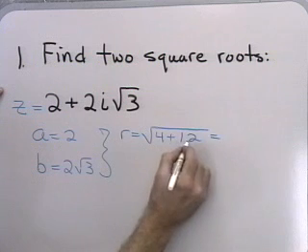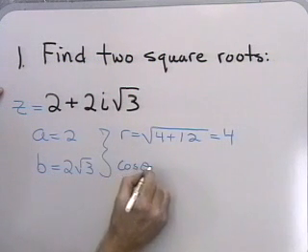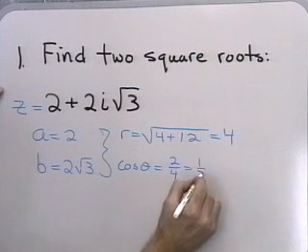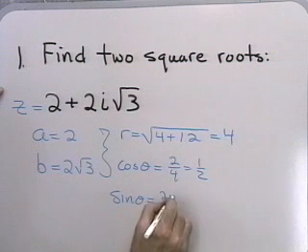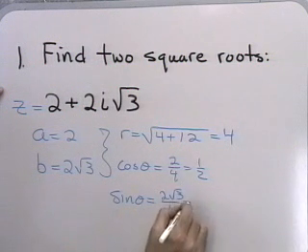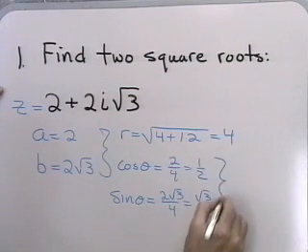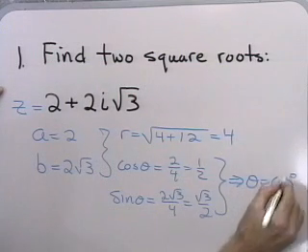So I get square root of 16, which is 4. Cosine theta is equal to 2 over 4, which is 1/2. Sine theta is equal to 2 square root 3 over 4, which is square root 3 over 2. Together, this implies that theta is equal to 60 degrees.